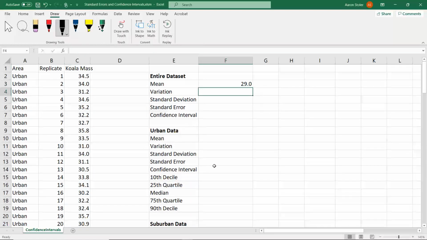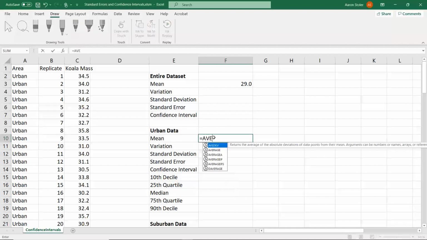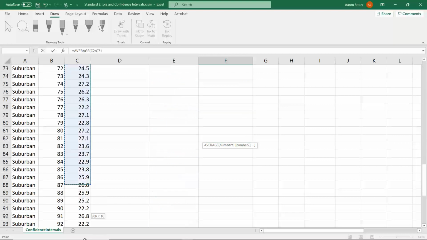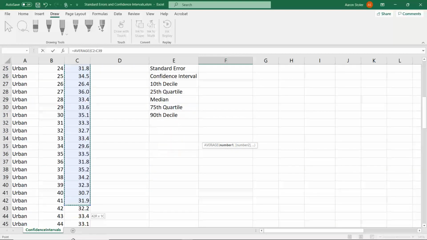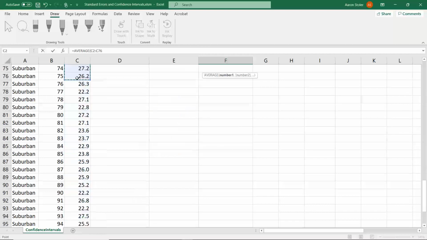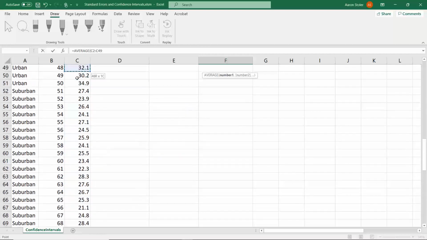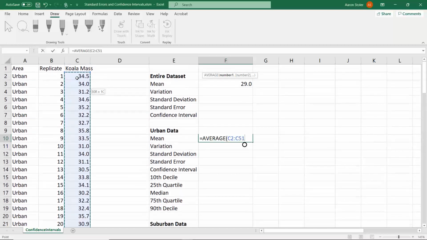Let's go down here and calculate the mean for only our urban data. Average. And now we're not going to select all of this, but only our urban data. In my data sheet, it's C2 to C51.